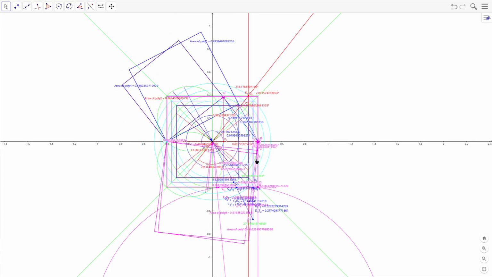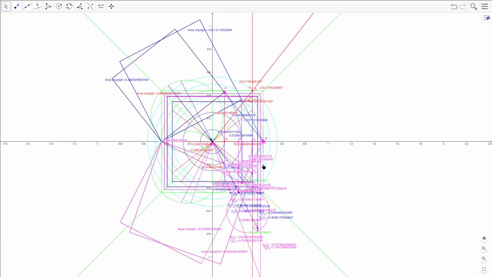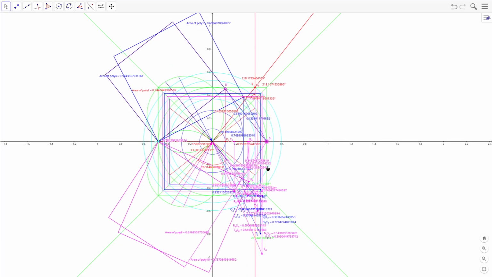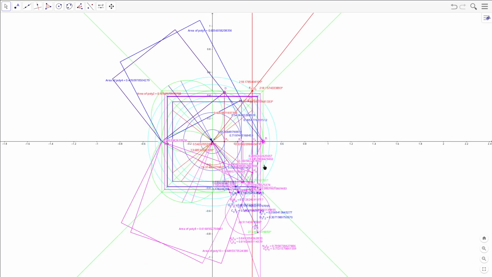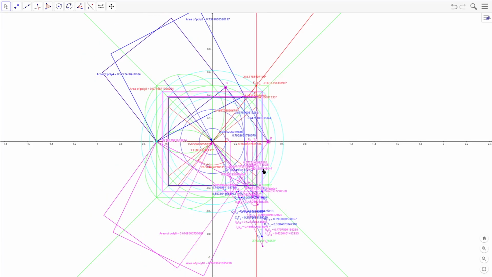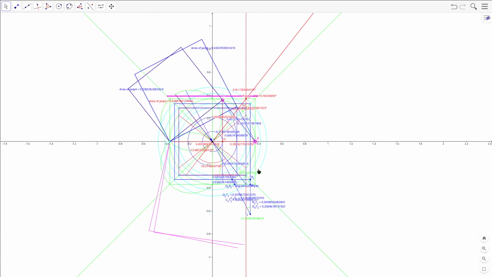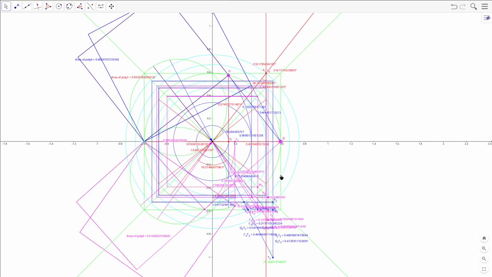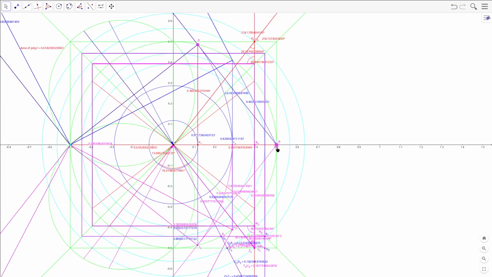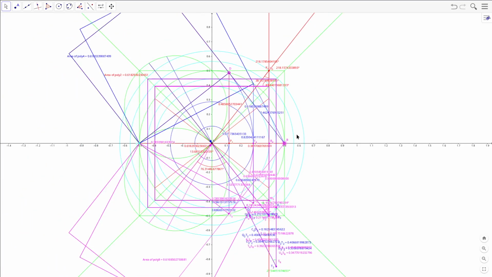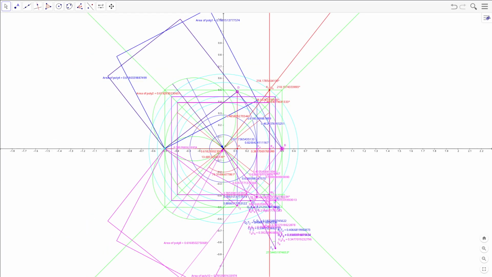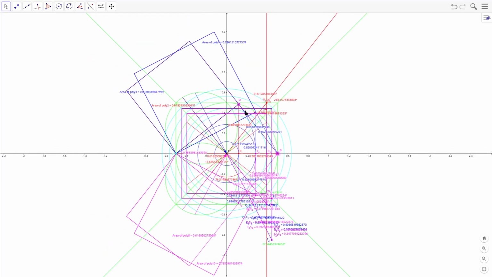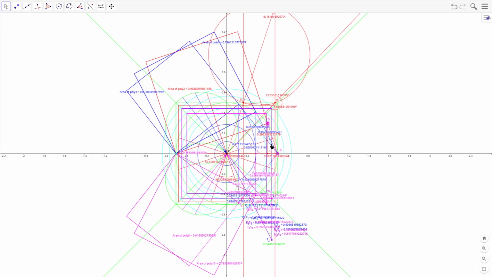Like, some of this is giving GeoGebra a hard time to try to show it, so that's why it looks glitchy at the bottom. But let me just drag it back to here for simplicity's sake, for the proportions presented here.